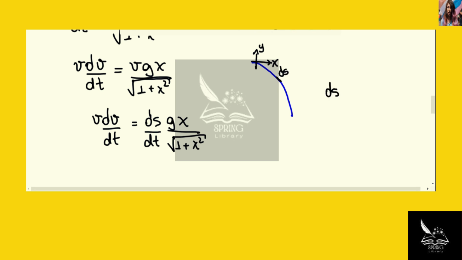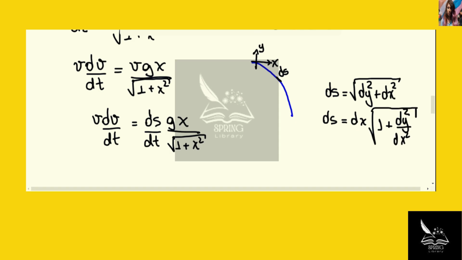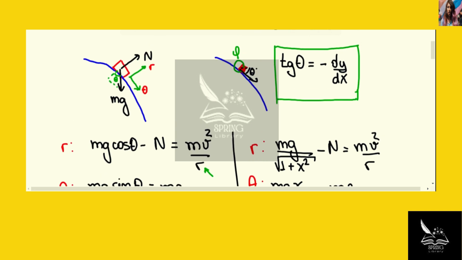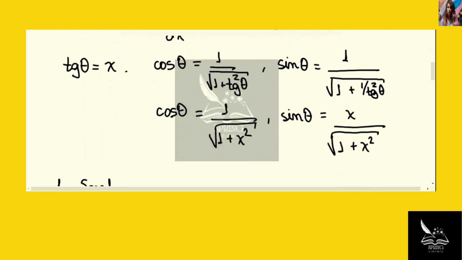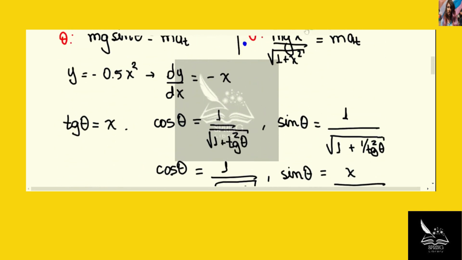Notice that ds is equal to the square root of dy squared plus dx squared. And I'm gonna write it a little differently as dx times the square root of 1 plus dy squared divided by dx squared. Notice that I just isolated dx in the formula, and using now that dy/dx is equal to, I'm sorry, where did I write it? So sorry for that. I wrote it here.